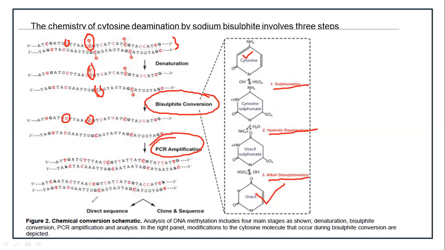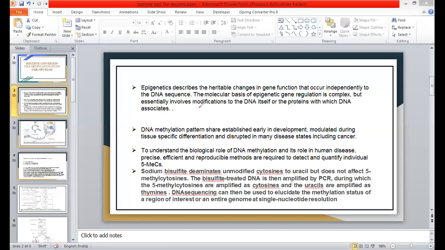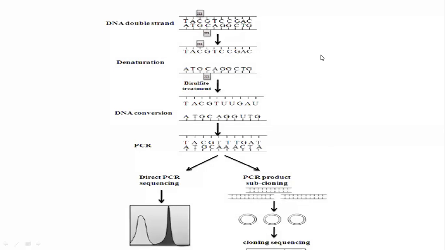Then it can be processed by cloning or by direct sequencing, and we can clone and sequence and get the methylation status in the genome, right? That's why the bisulfite technique is used more frequently.